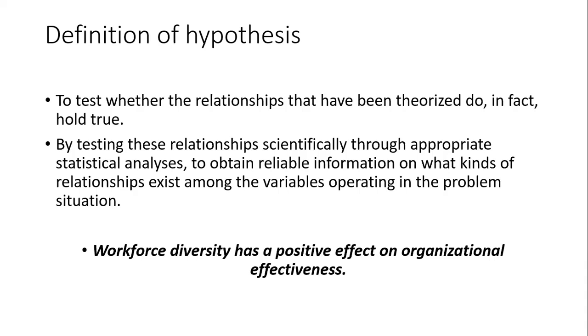Let me repeat myself again. When all the relationships which we tested in our research are insignificant, it means the theory is rejected. So there are three kinds of results we get from the testing. Okay, we were discussing the hypothesis.